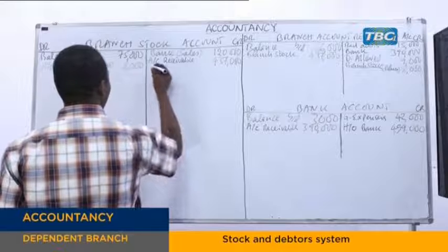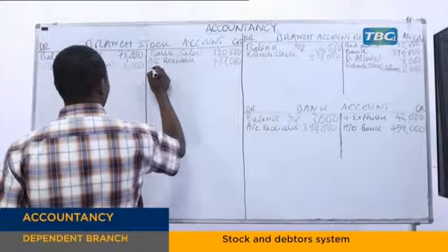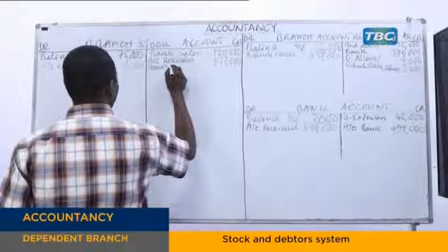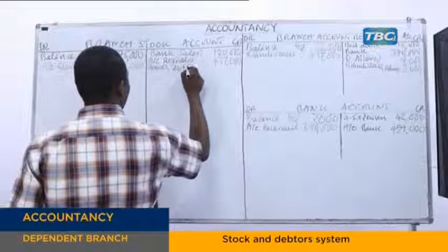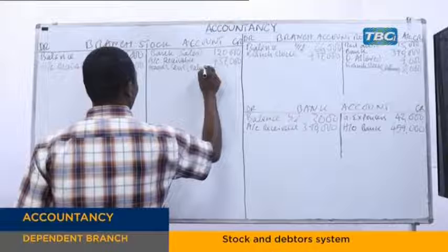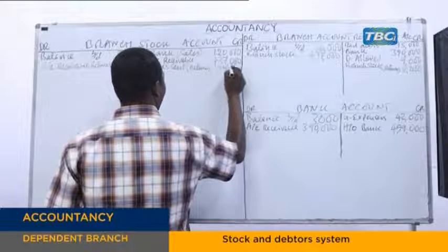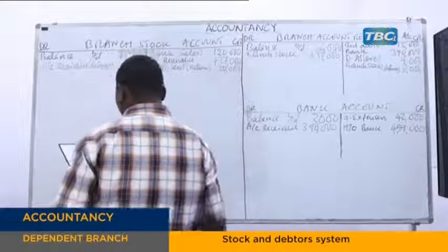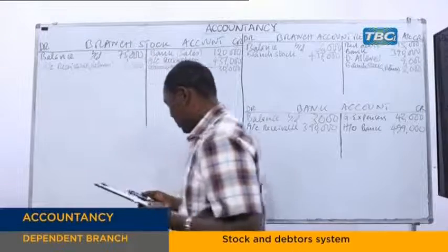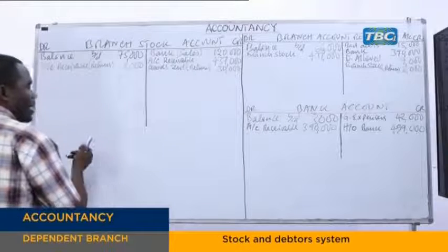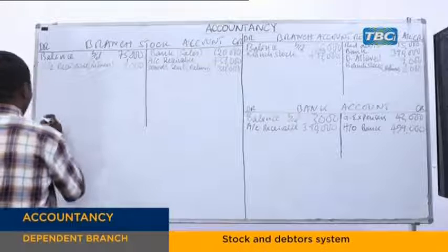So we credit branch stock, goods sent, that is returns. How much? It is 30,000. So remember to open up the account for goods sent.